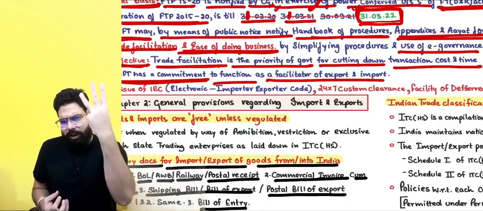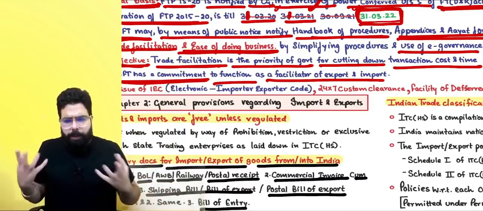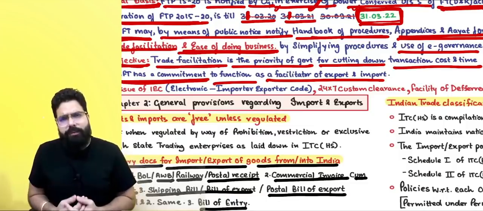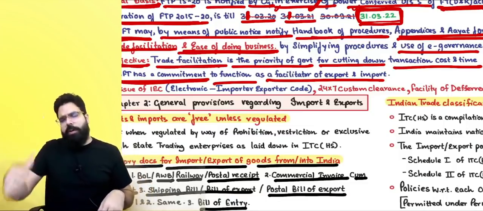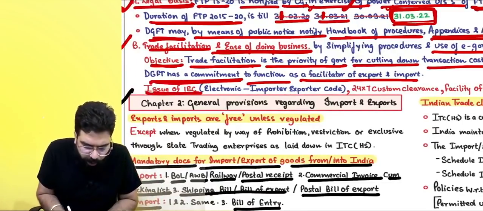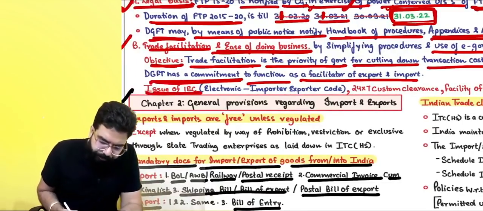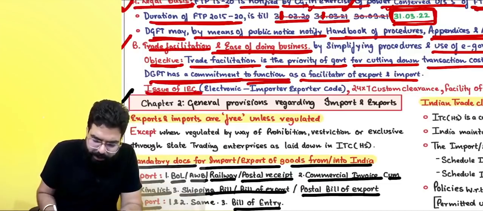Imports easy, only 3 documents. Exports easy, only 3 documents. Sir, prior shipping bill can be filed. 24/7 clearance I am giving. That is how I am going to promote trade facilitation. See everyone, DGFT has committed to function as a facilitator of import-export.